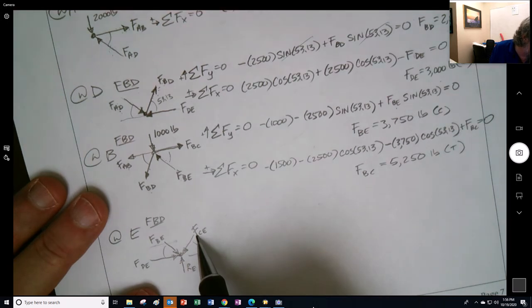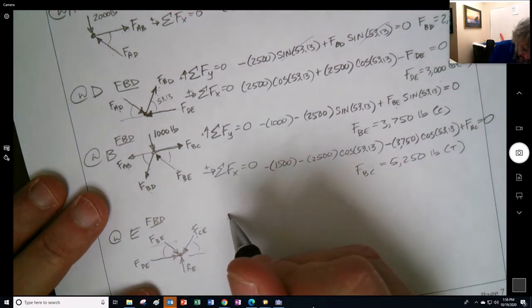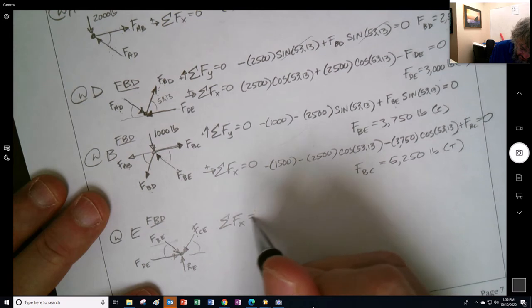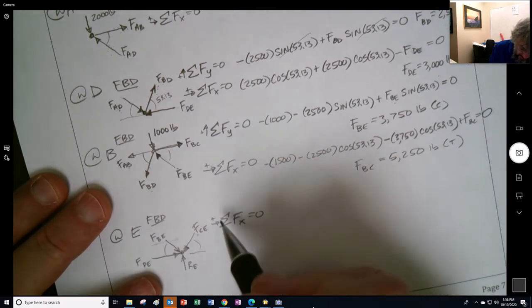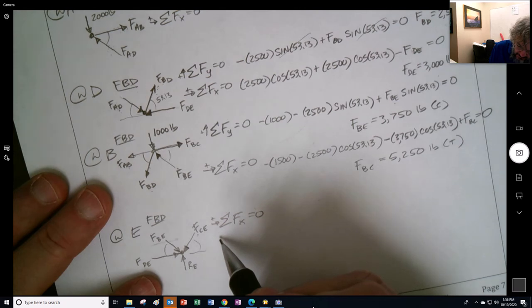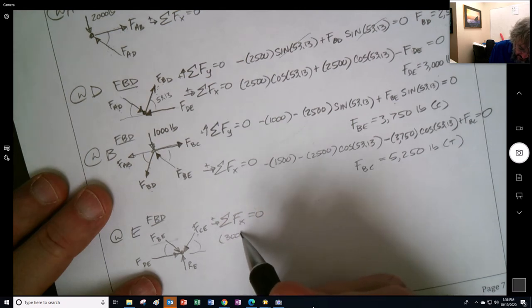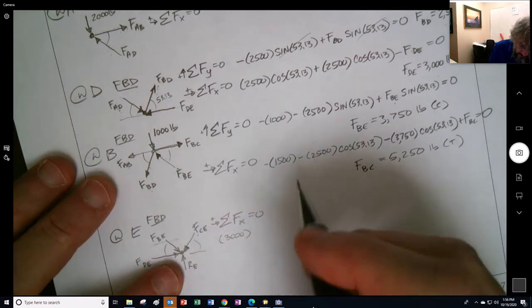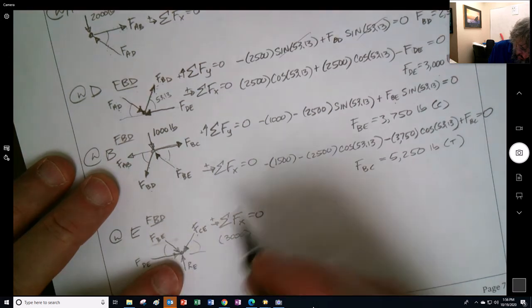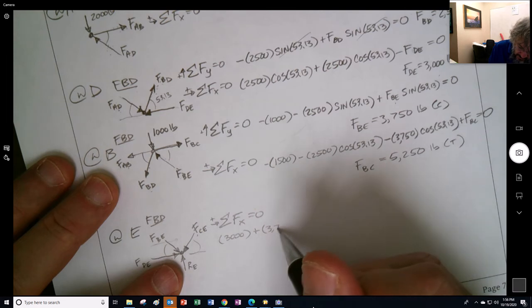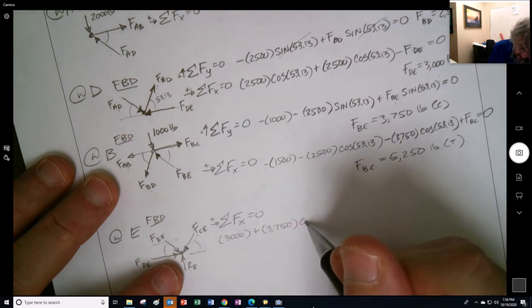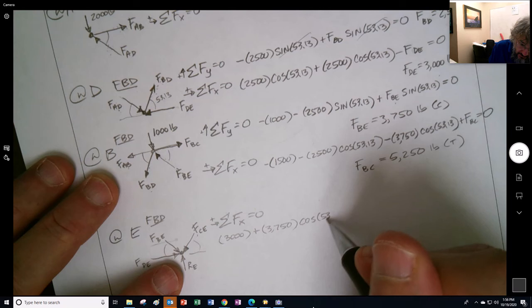I think I decided to go in the x direction. Sum of the forces in the x direction equals 0. So what we would find is FDE is 3,000 pounds. FBE is 3,750 times the cosine of 53.13.